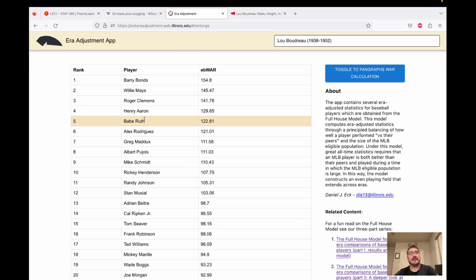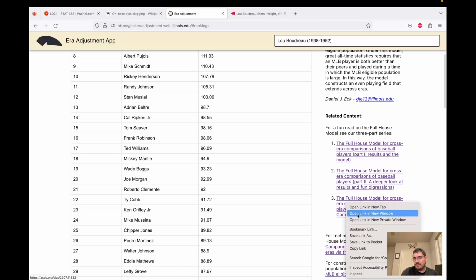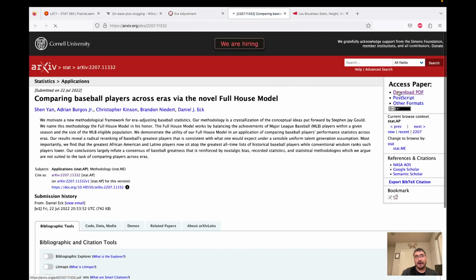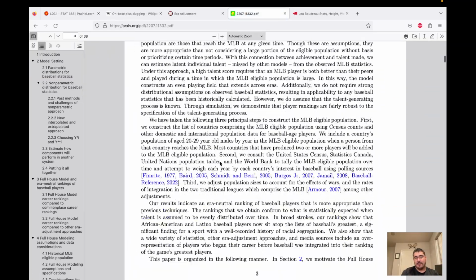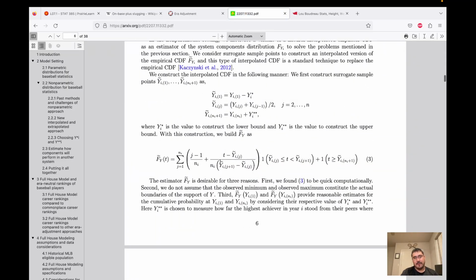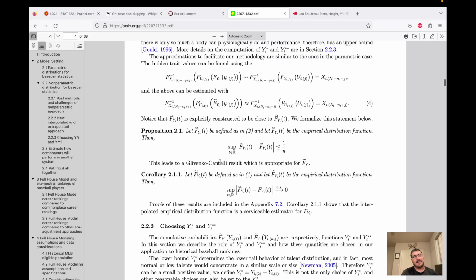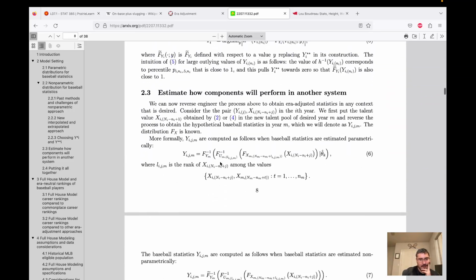So this is some of the work that I do. But if I go to the actual work of this method, it is definitely much more mathematical statistics than it is just looking at baseball stuff. So me and my graduate student worked on actually constructing these statistical rules to compare players across eras.